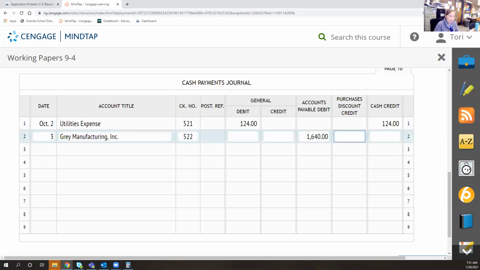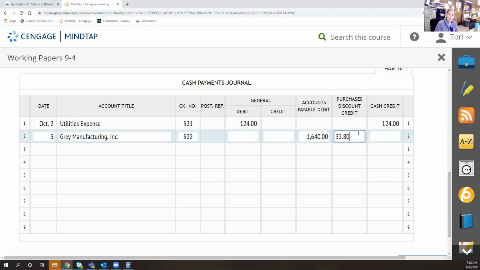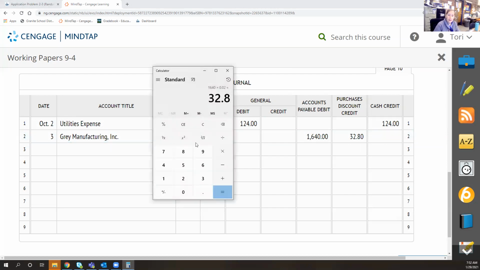But we need to find out our discount. So how you do that, you pull up your little calculator here. We take 1640 and we times it by 0.02, because that's the percentage, 2%, which gives us $32.80. So we get $32.80 off. So now we have to figure out how much we actually credited for cash.